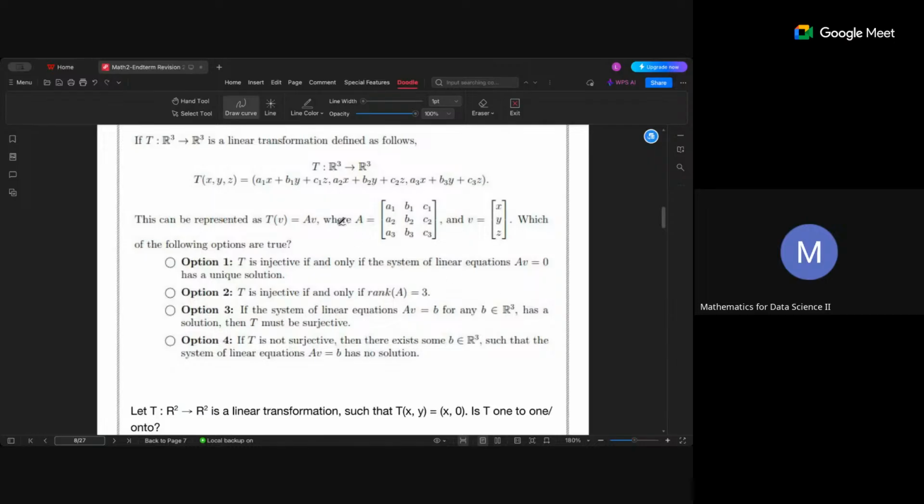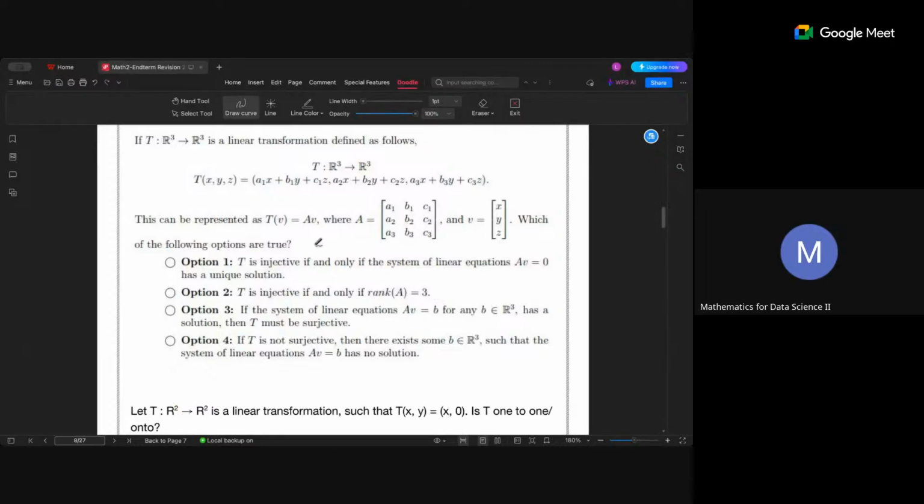Okay. So this is a problem which just summarizes the properties. Suppose you have a transformation T from R3 to R3 and the general form is given here, and you have a matrix representation given here. So T is injective if and only if the system of linear equations has a unique solution. Is that correct? Yeah, this is the definition, right?